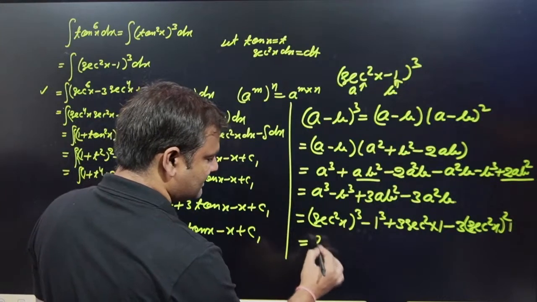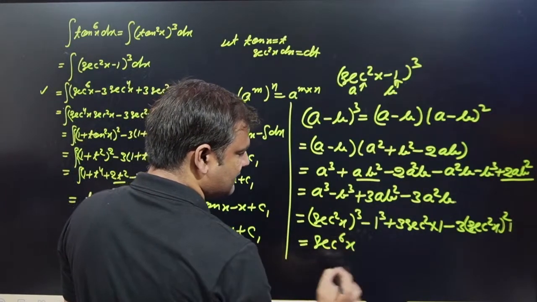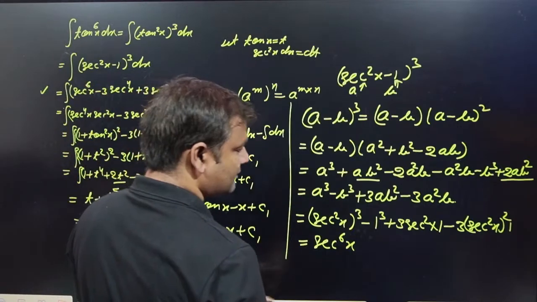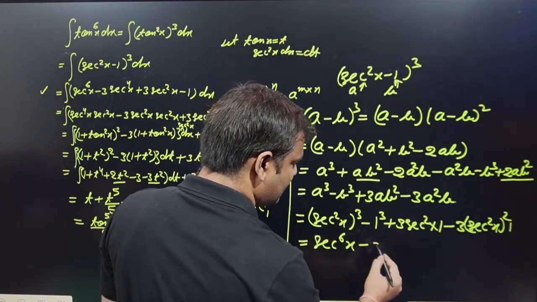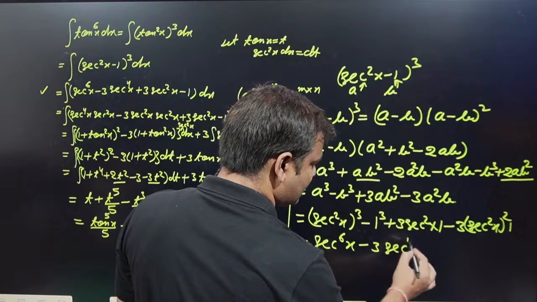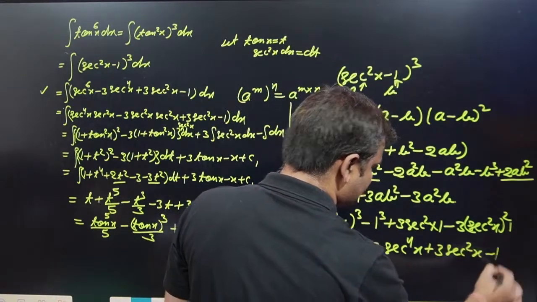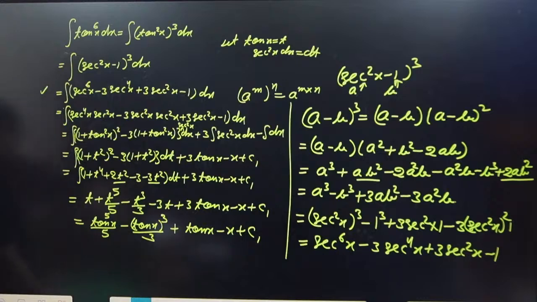So that one is written sec power 6x. Okay, and after that this one is written 3 sec power 4, and here plus 3 sec square x minus 1. I hope so clear.